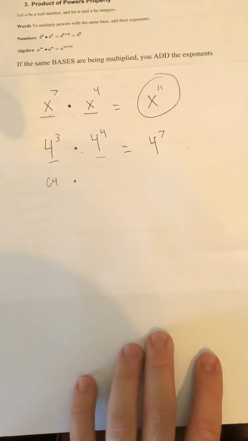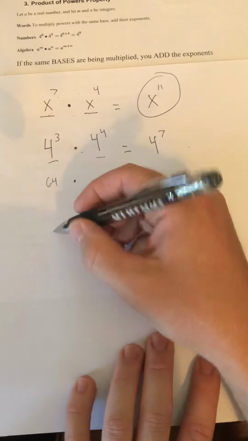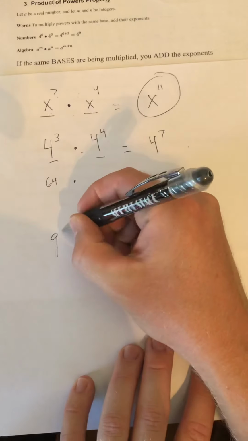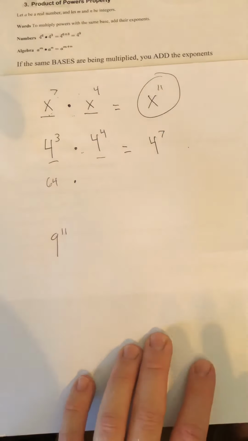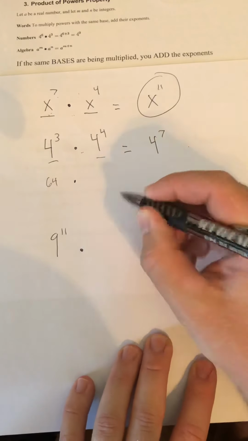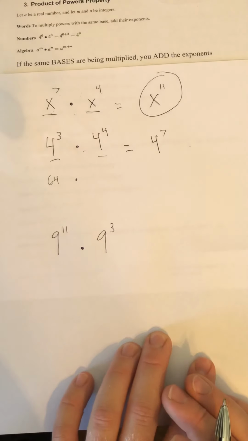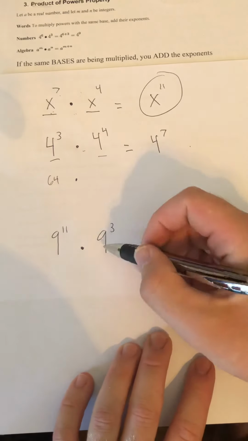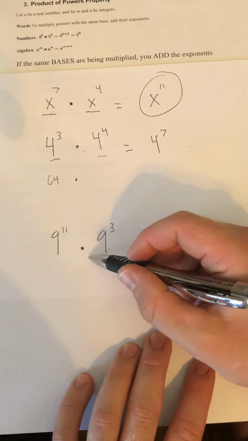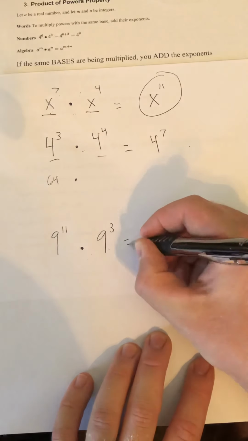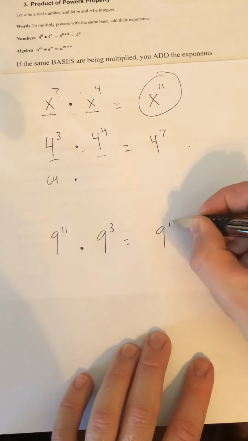So, all right, 2 more examples. If I have 9 to the 11th power, that is a huge number, times 9 to the 3rd power. Okay, well, same bases that are being multiplied together, you simply add the exponents. 11 plus 3 is 14. So that's 9 to the 14th power.